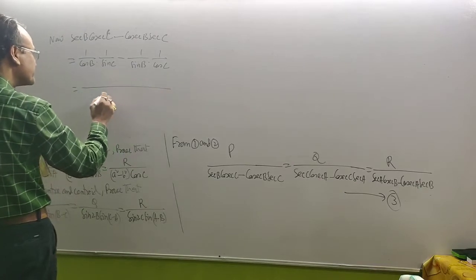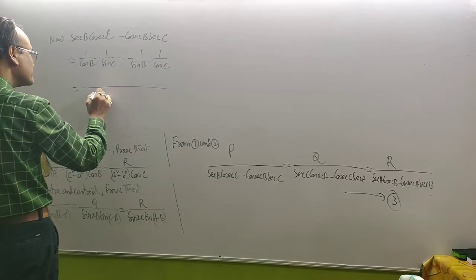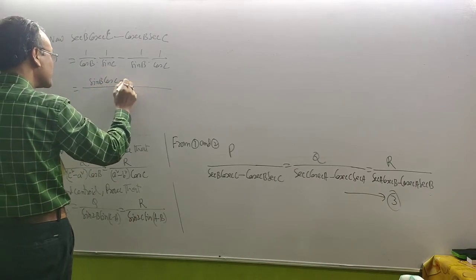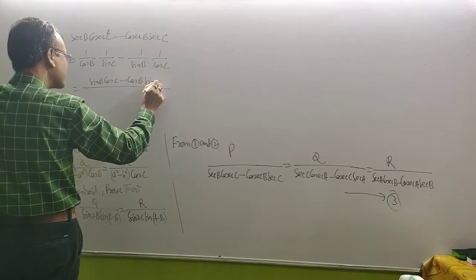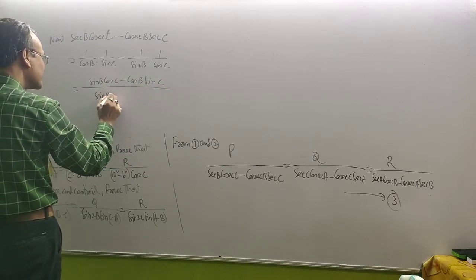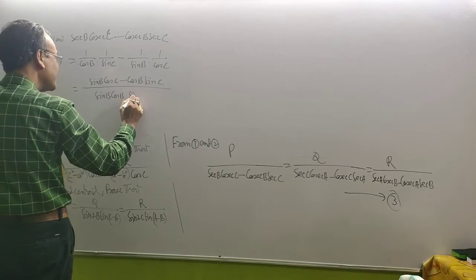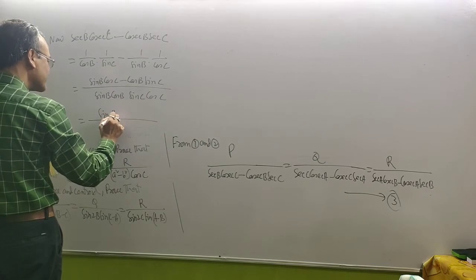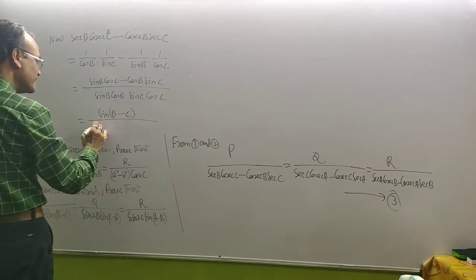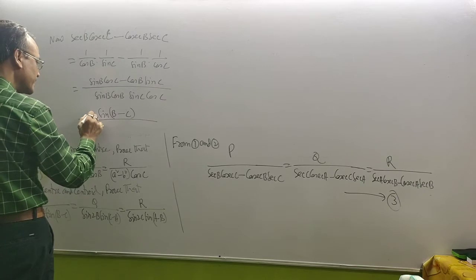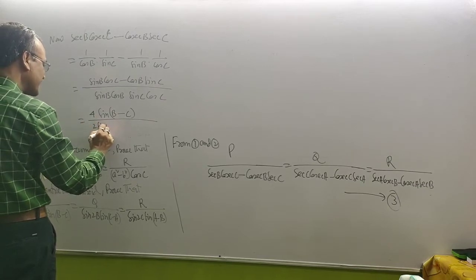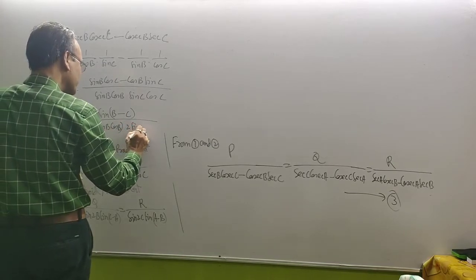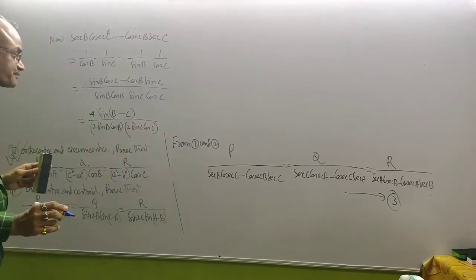This is equal to (sin B cos C minus cos B sin C) divided by (sin B cos B sin C cos C). You may write like this: sin of (B minus C), and in the denominator you may write 2 times sin B cos B and 2 times sin C cos C, multiplied by 4.